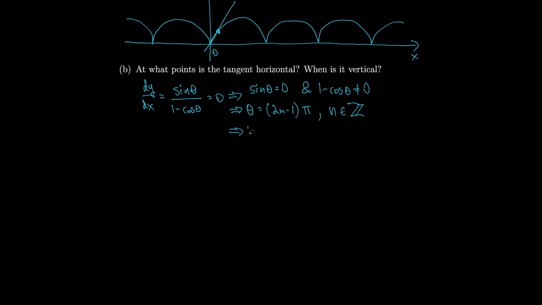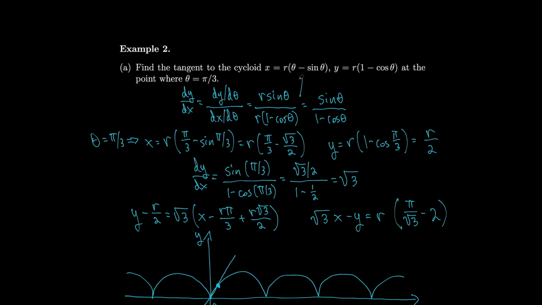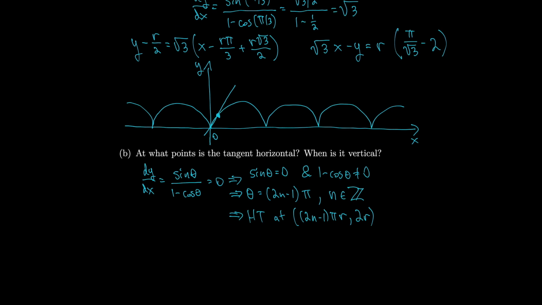So this means that we have horizontal tangents at all of our odd multiples of pi, 2n minus 1 times pi times r, 2r, because we plug in theta for our x value and y value. So we have horizontal tangents at all of these x values of odd multiples of pi times r. Each of these is where we'll have a horizontal tangent.